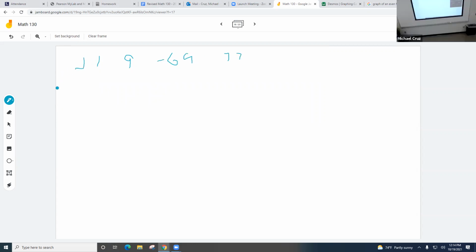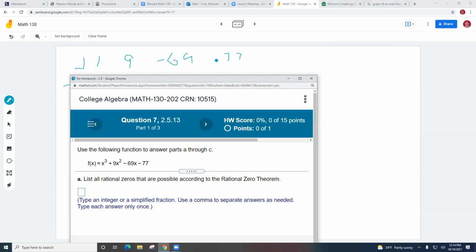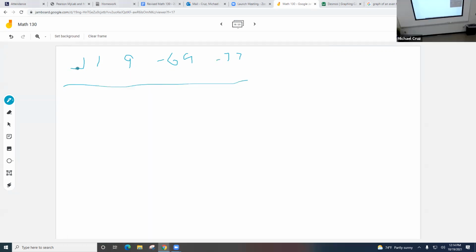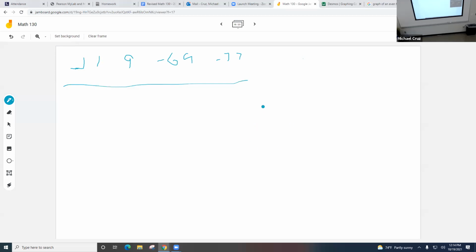And then we're going to go through it. Negative 77, okay. But we gotta figure out what to do, and this is the hard part. So you look at the 1 and the 77. So 77 over 1 is what we're looking for, possible factors. So you just got to list them all out.